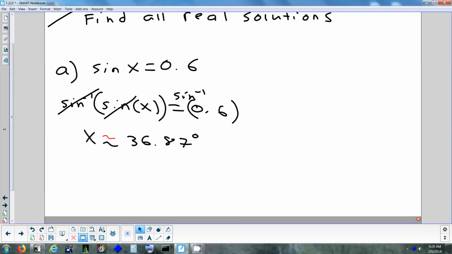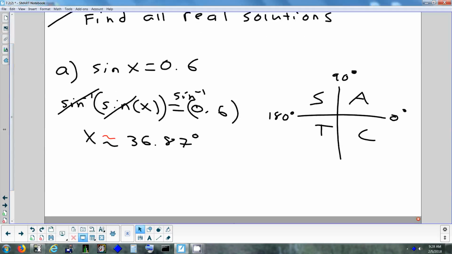So what we just found there, that's one of the answers. There's 2. And the reason I know there's 2 is because the original problem says sine equals positive 0.6. Well, if I look at my diagram, what quadrant did I just get an answer in? 36.87.